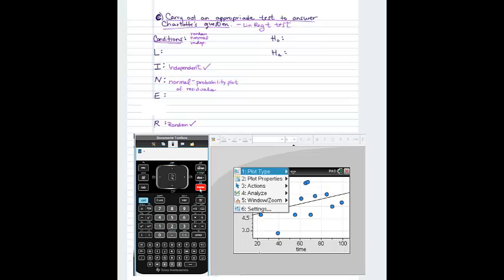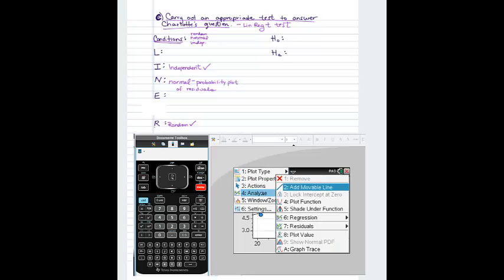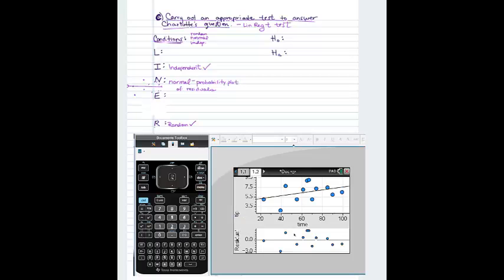Normal is also on here. And for normal, what you're trying to look for is the probability plot of the residuals. So if you would take a minute and see what the residual plot was. When I look at this data, random data, we don't really want it to look curved or anything like that.